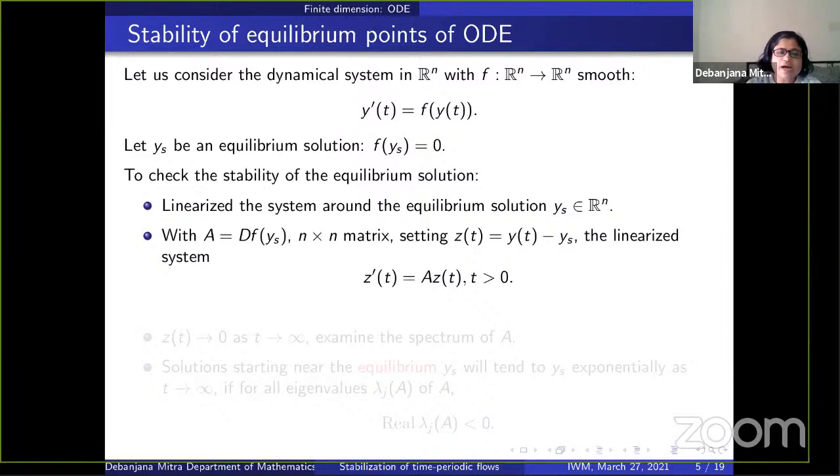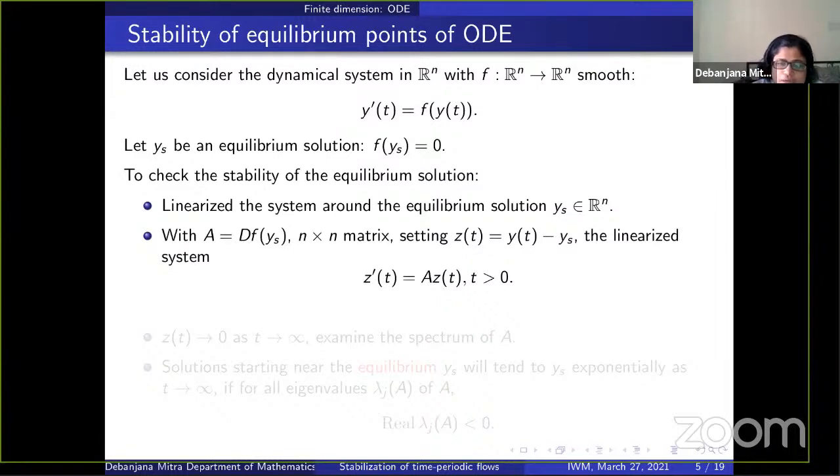In particular, it is an n cross n matrix, and z is denoted by the difference y(t) minus y_s. So z'(t) = A z(t) is the linearized version of the dynamical system around the equilibrium point y_s.